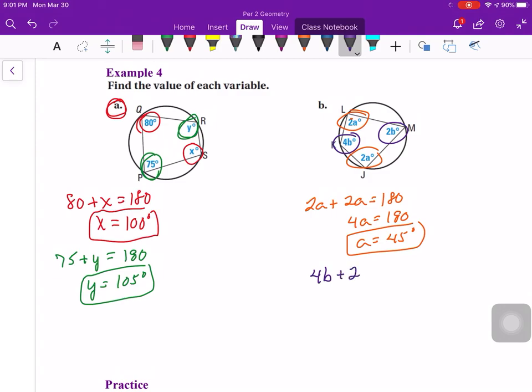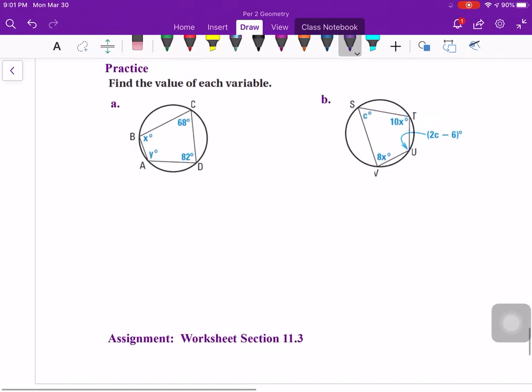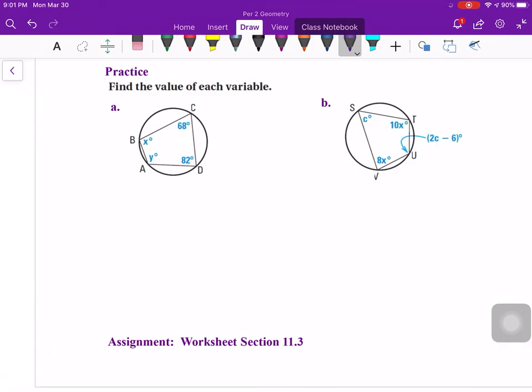The 4b and the 2b are opposite angles in an inscribed quadrilateral. So the 4b plus the 2b equals 180. So 6b equals 180. So b would be 30. So in an inscribed quadrilateral, the opposite angles are supplementary, meaning they add up to 180.